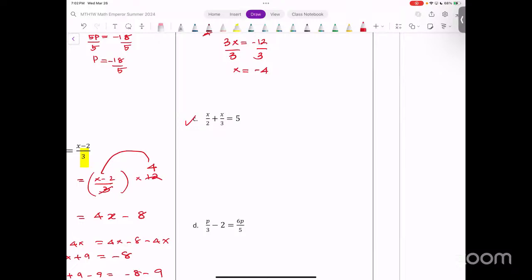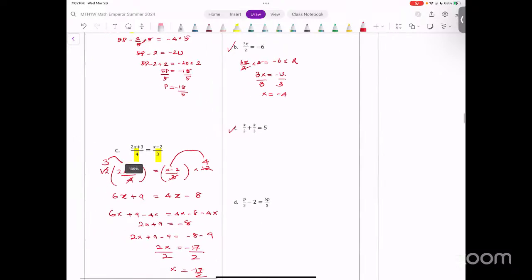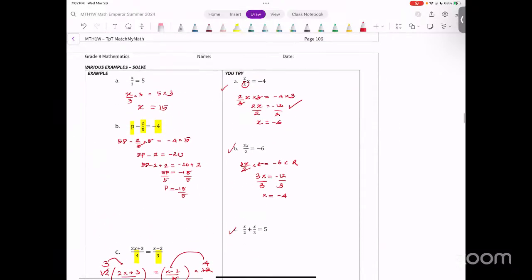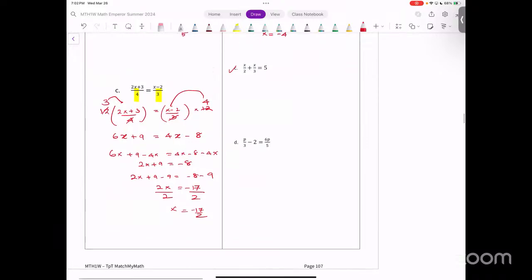All right, let me see your work. Why don't you show the steps that I'm showing? When I find the least common multiple, I multiply every single term by the least common multiple.